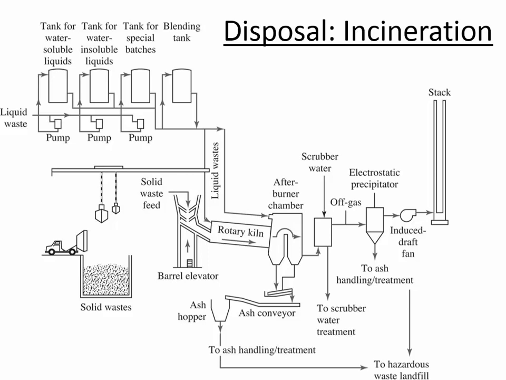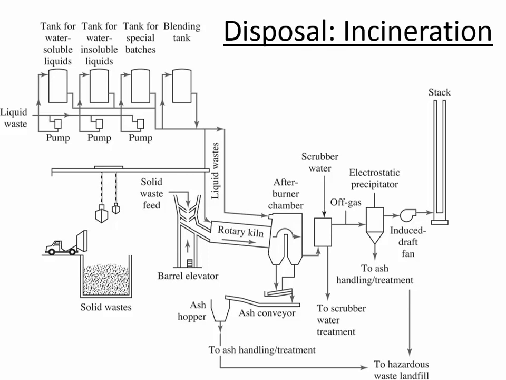And so the solid wastes may be just ordinary municipal waste, or it could be hazardous, but combining the liquid and the solid together, one of the things they're doing in the afterburner chamber is they're burning it at very, very high temperatures. It's not just whatever temperature can be supported by the solid waste, but sometimes they'll use high purity oxygen, mix it with gas, like natural gas, and if the temperatures are high enough, then they can help ensure that there is complete combustion.